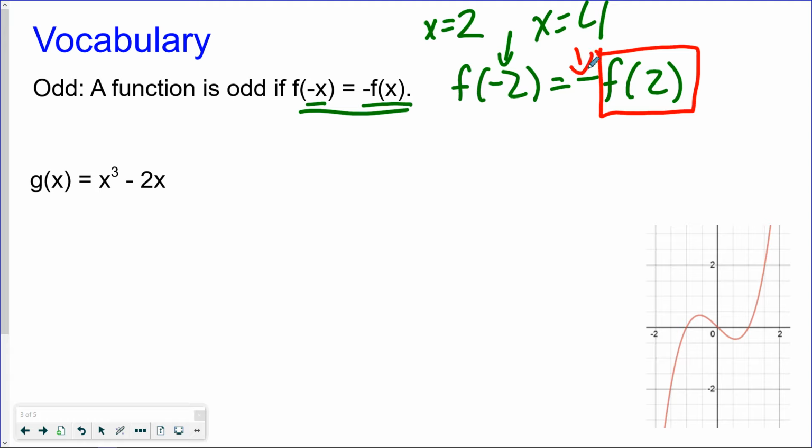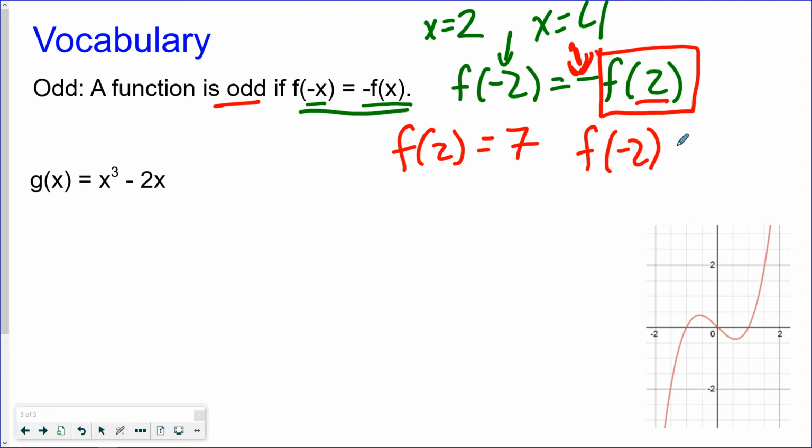So what this is telling us is if we plug in the negative of the number, we're going to get the same value, but negative. Okay, so if f of 2 equals 7, if our function is going to be odd, f of negative 2 would be negative 7.